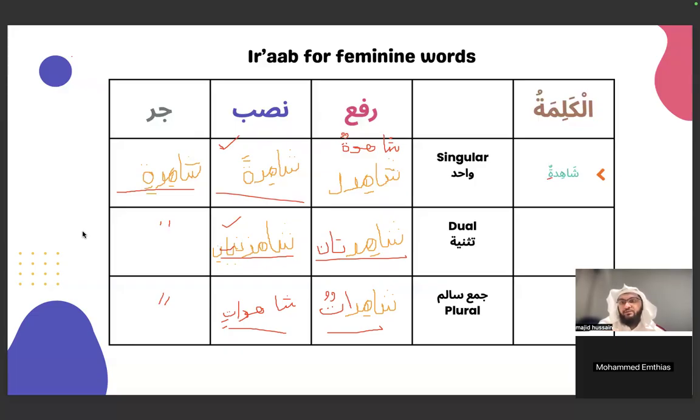That's why we are Arabs. The word Arab, ain ra ba, is the same root as Iraab and Mu'arab. Arab means a person who is able to speak fluently and properly, who has correct pronunciation of every word and knows the correct governing factors of every word.